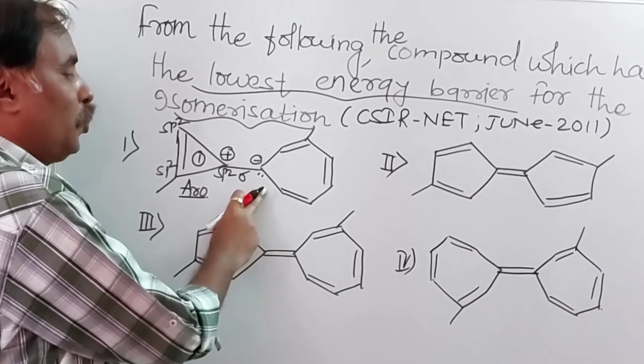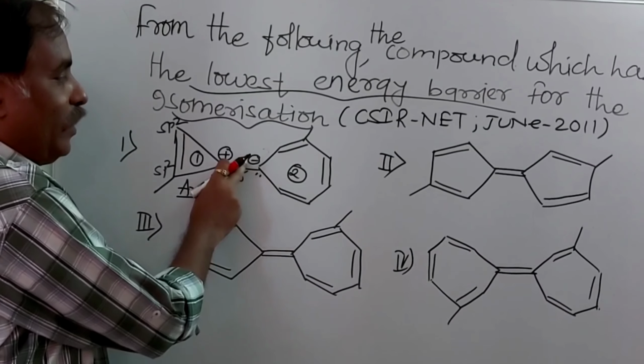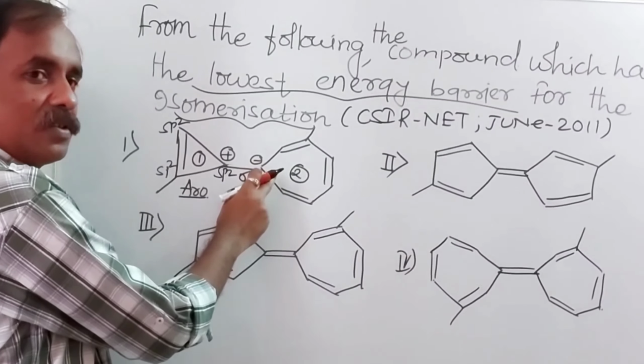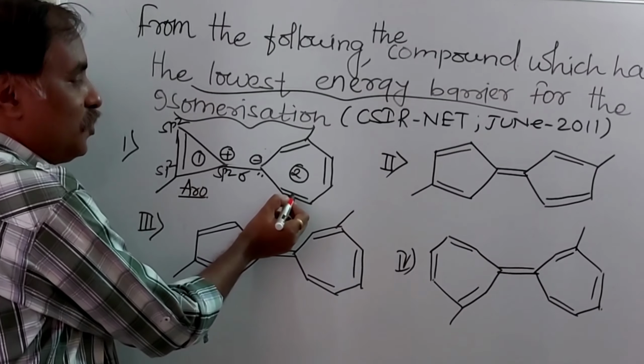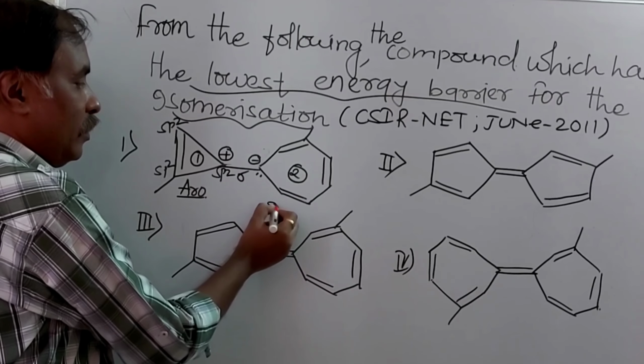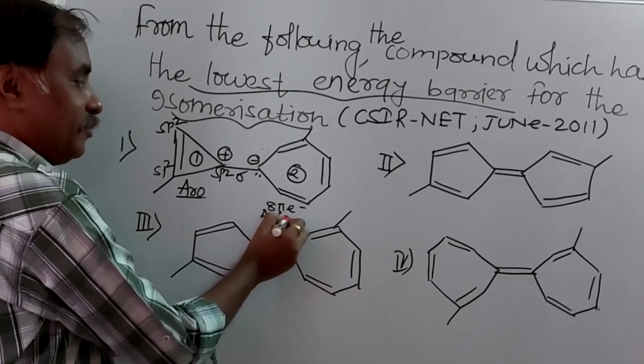Now ring number 2. Here it is a negative charge, and this negative charge is part of the resonance. Total number of pi electrons: 2, 4, 2, 6 and 2, 8. Here 8 pi electrons, and this is anti-aromatic.